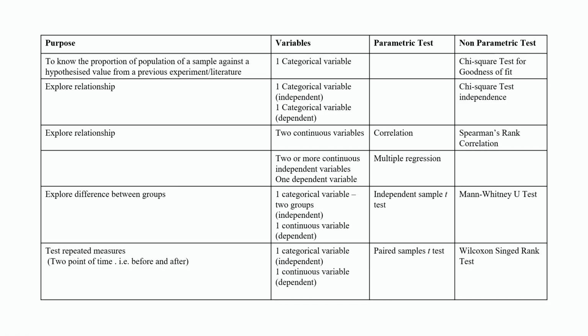You can see 4 columns. The first one is explaining the purpose of the analysis, and the second one explains the number of variables required for each statistical test, and the last 2 columns tell you what alternative you can choose, whether parametric test or non-parametric test.